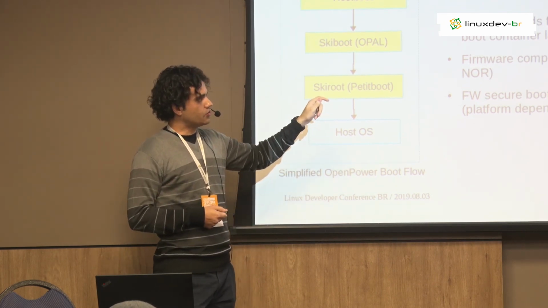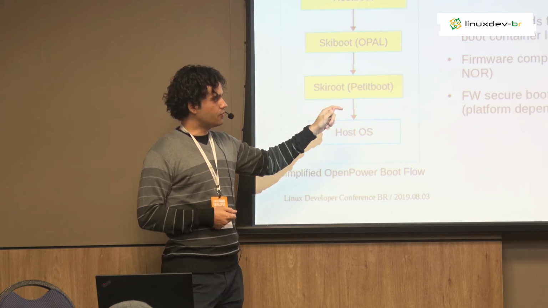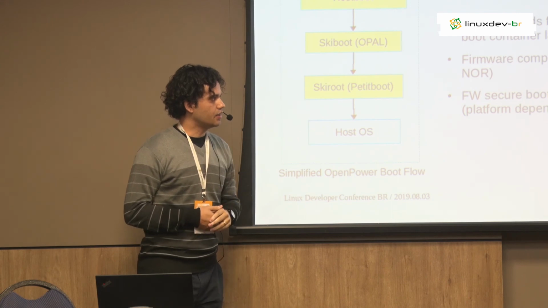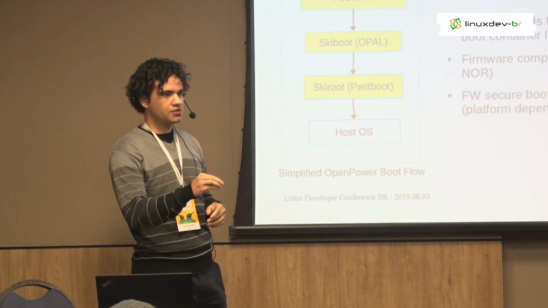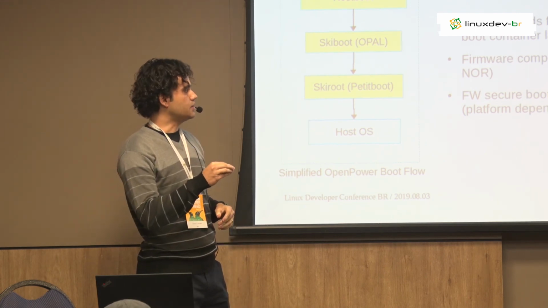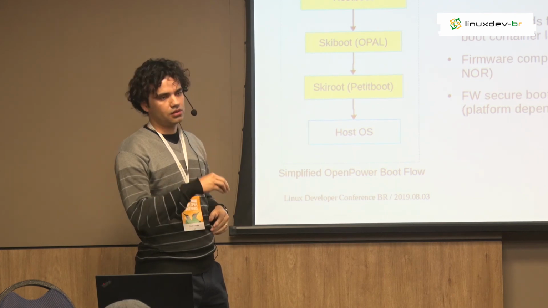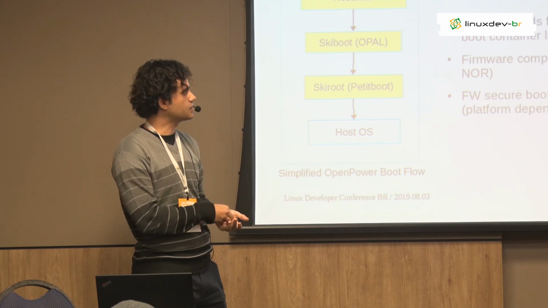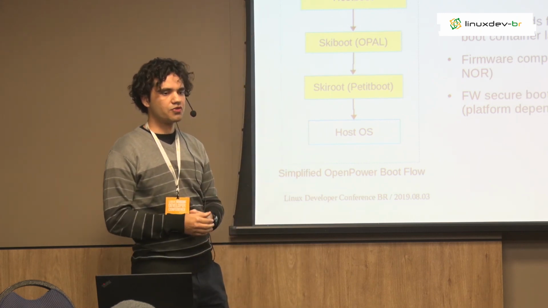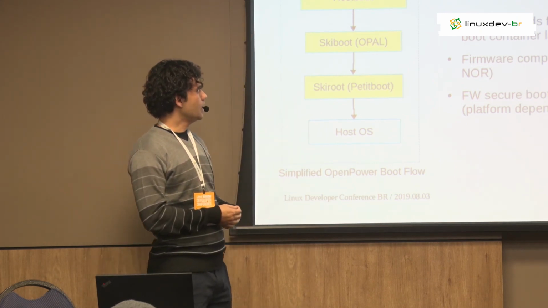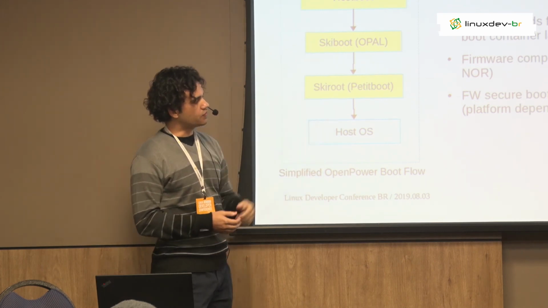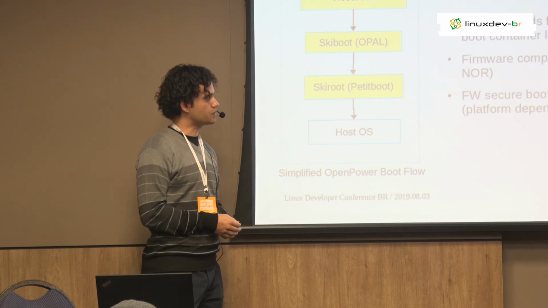To enable firmware secure boot, we use a hardware setting in the motherboard. So it's a physical thing, but it's platform dependent. For example, it could be a jumper in the motherboard. If the jumper is set, all the firmware components will be verified, and they will be executed only if they were signed with the key we trust.